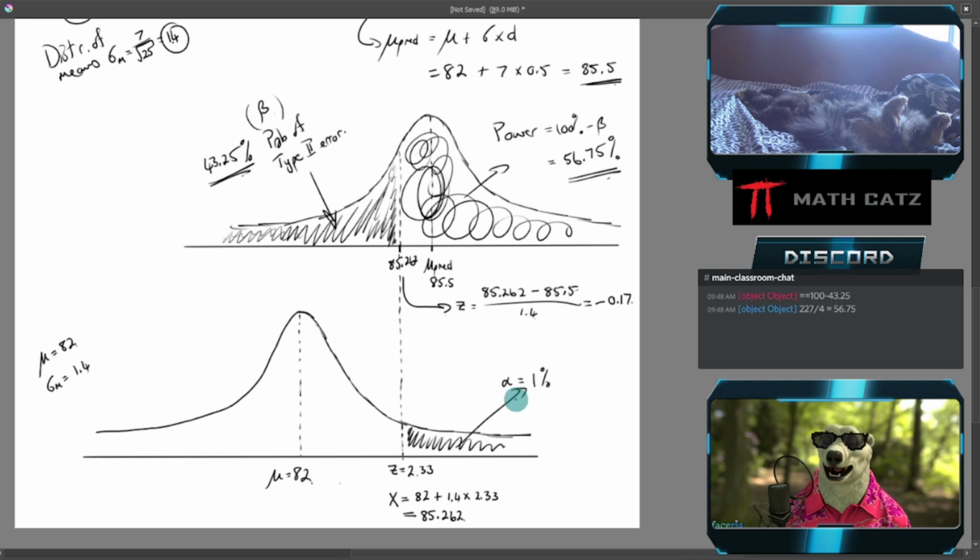That's the 1%, the alpha. And that'll be the wrong conclusion, right? Rejecting if it's actually true.